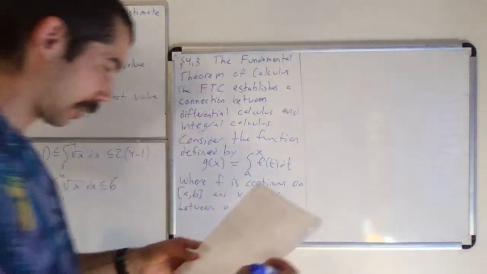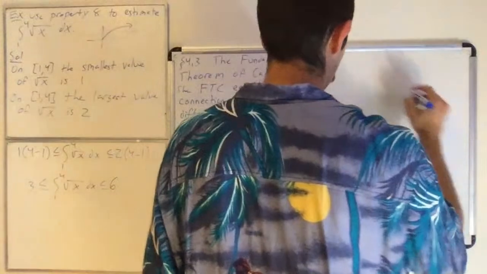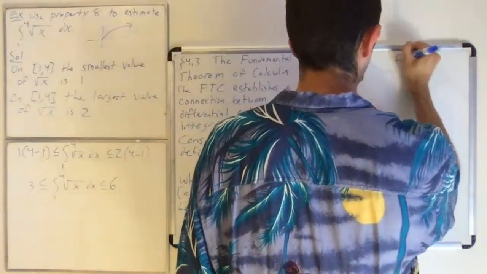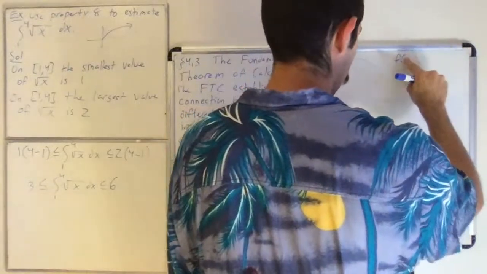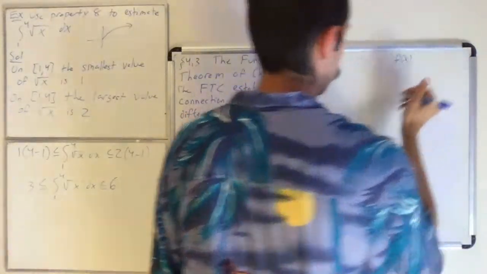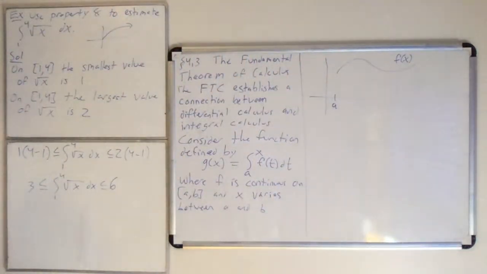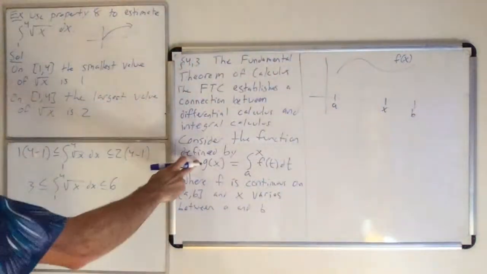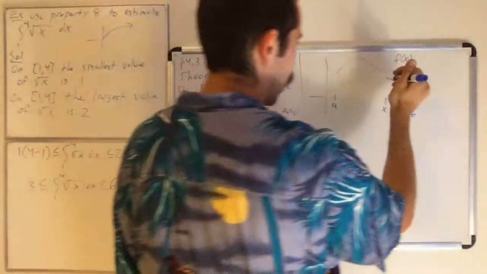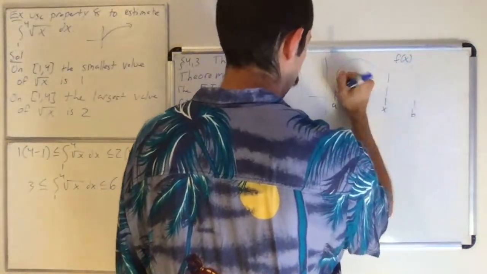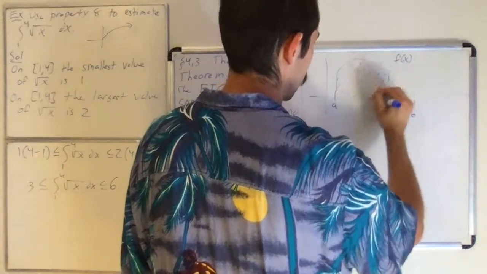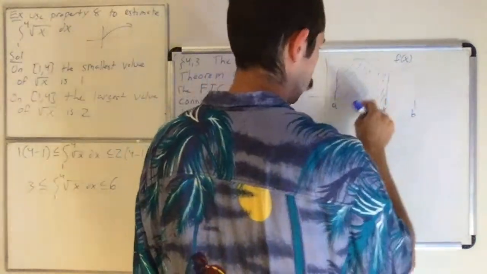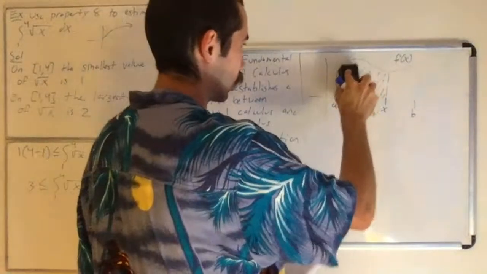So what this looks like: if we have some function f of x, and let's say this is a, and this is b over here. Let's say this is our input for g of x. The value of g of x is the area of this region.